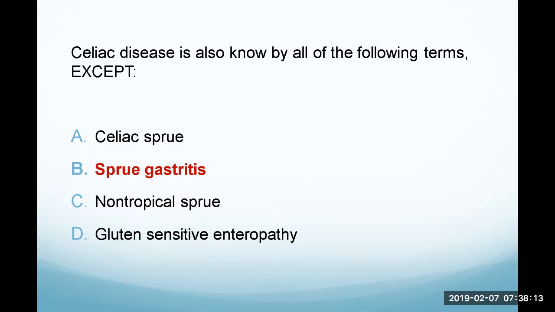Sprue gastritis. It's commonly known as celiac sprue, non-tropical sprue. Tropical sprue is the infectious part. Non-tropical sprue, which presents in a very similar way, is celiac disease. And gluten-sensitive enteropathy.